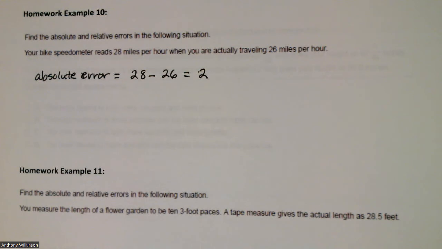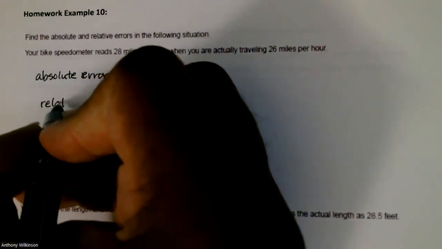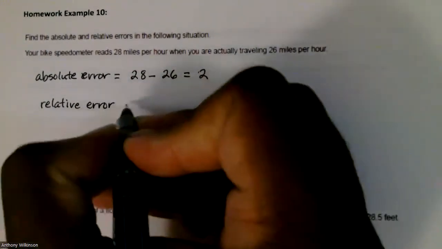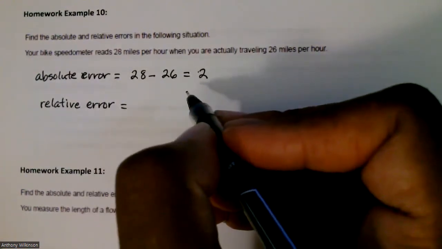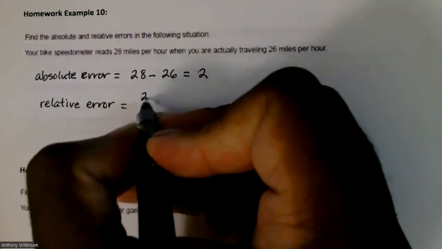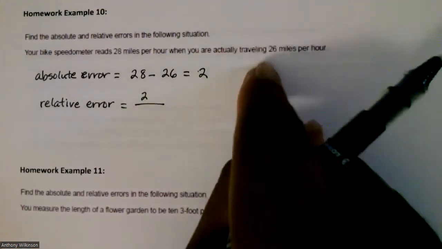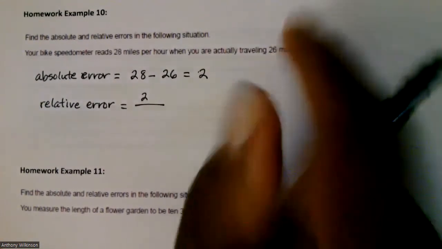And then we want the relative error. The relative error will be found by taking the absolute error, which is 2, divided by the true value. You're actually driving 26 miles per hour. That's the true value there.